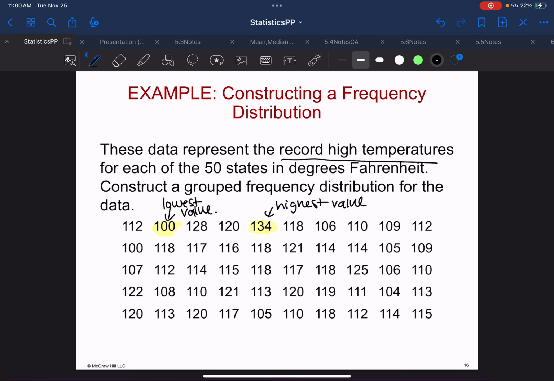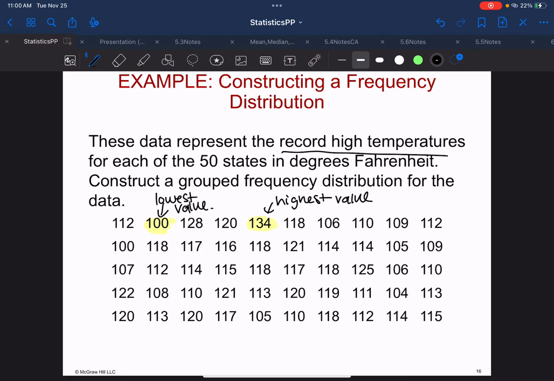Because these are temperatures, all of these recorded temperatures in Fahrenheit range between 100 and 134 degrees. Because these are the record high temperatures, they're really high.